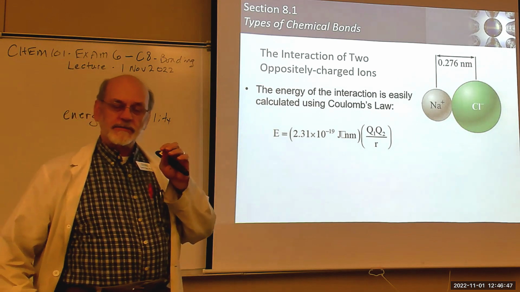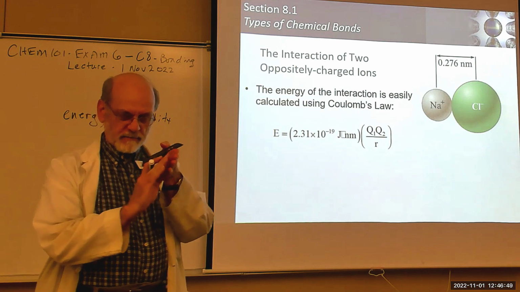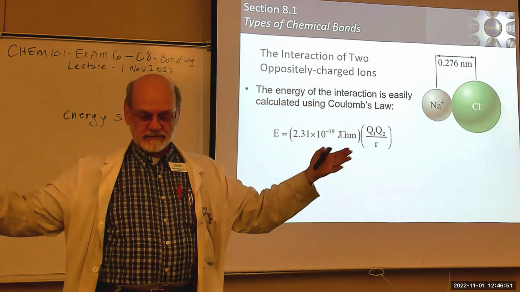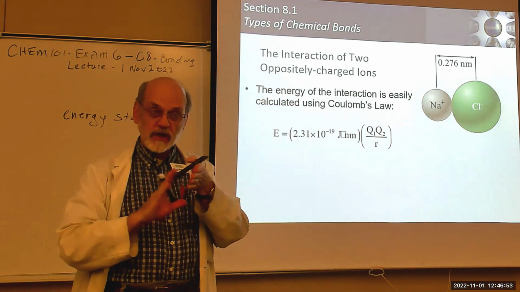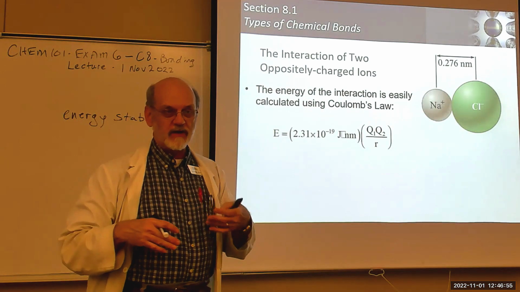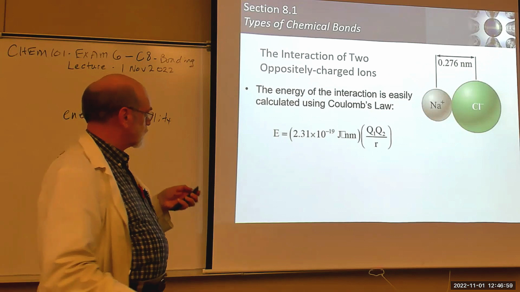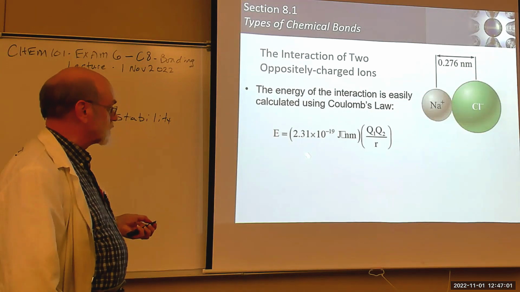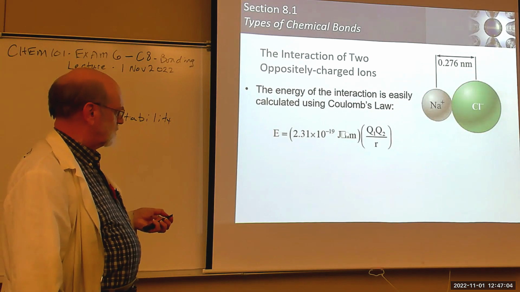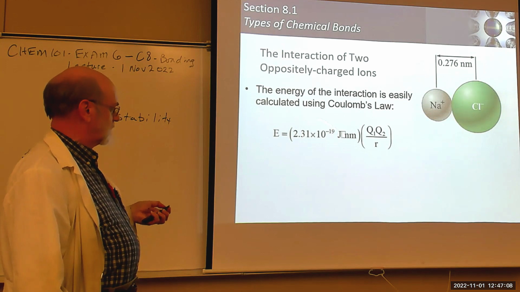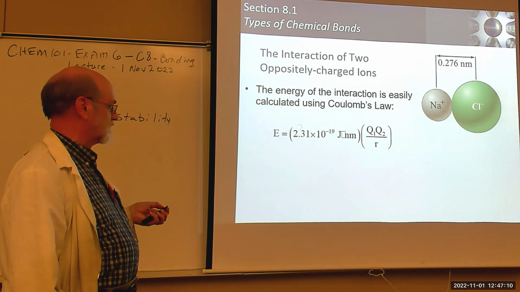That works from the minimum distance of bonding out. Like I said, if you get them too close, then you start interacting with the nuclei, so this Coulomb's law only works beyond that. This is a constant, Coulomb's constant, in joule nanometers.